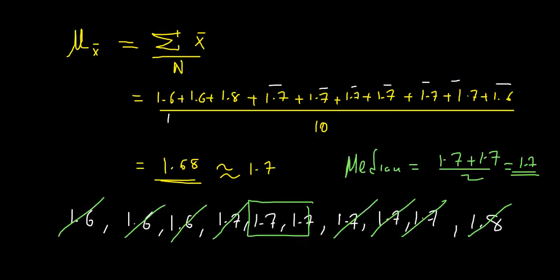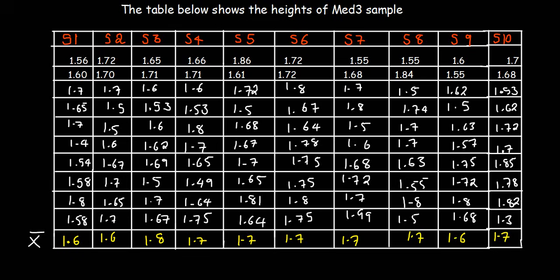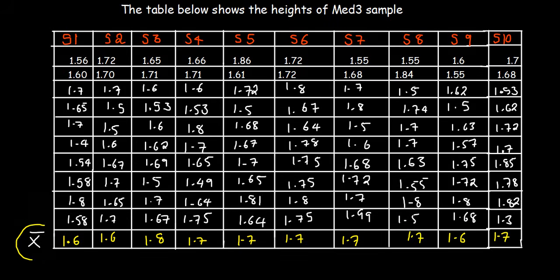Now x represents each one of these terms, and we remove the mean from each term, but that will take long, right? So we'll simply go to the means, and from each mean we remove the mean of the means.